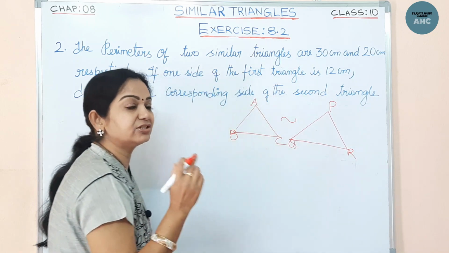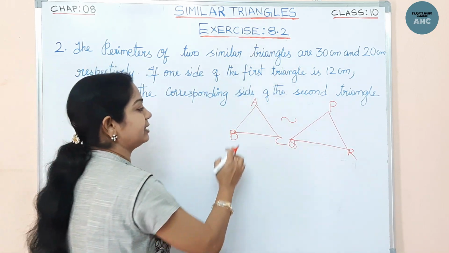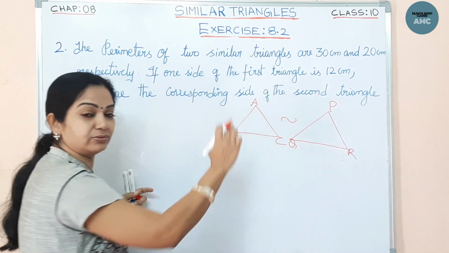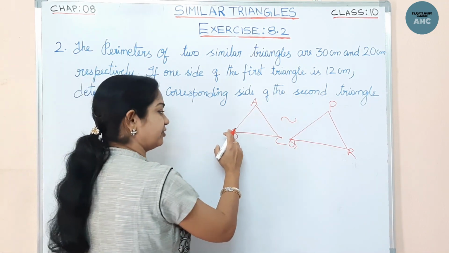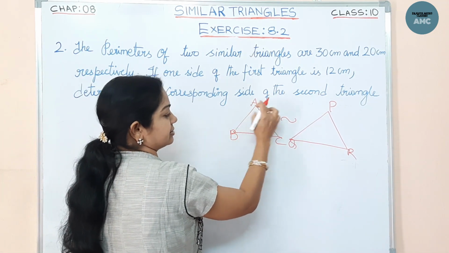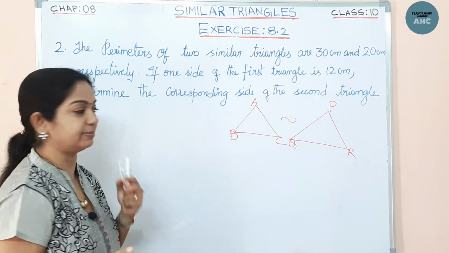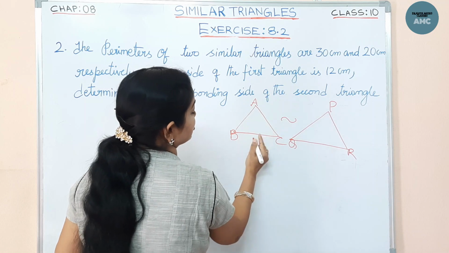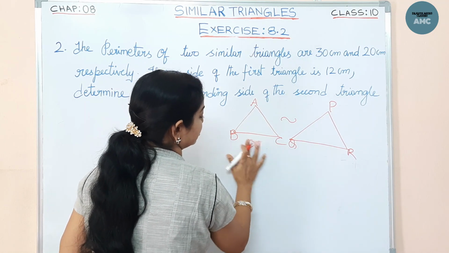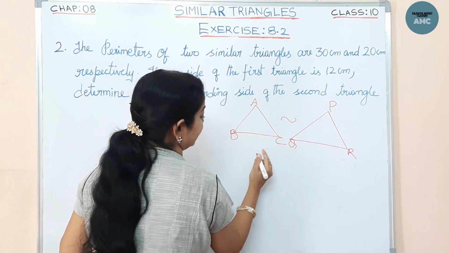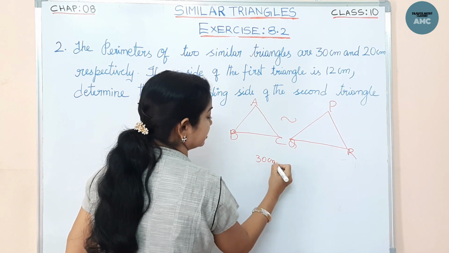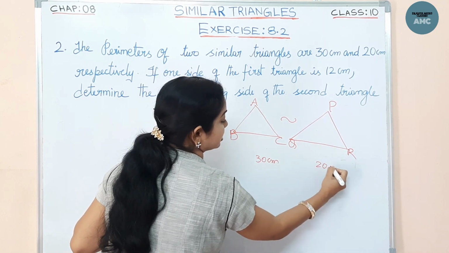They are similar triangles. What does the perimeter mean? The boundary, the circumference. If you sum up all the sides, that comes to the perimeter. So the perimeter of the first one is 30 centimeters and the perimeter of the second one is 20 centimeters.